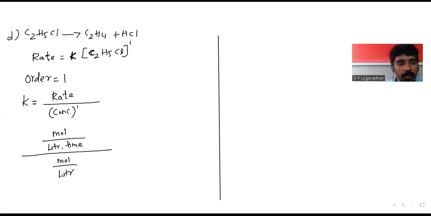Mole per liter is cancelled. Now we have 1 by time. So it is time inverse or second inverse. This is about the first question.